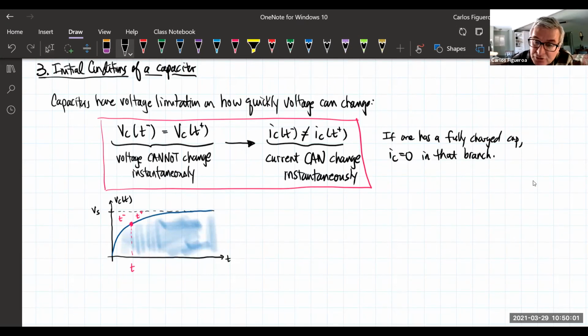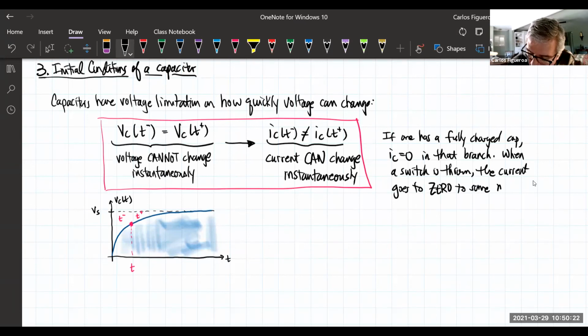So when a switch is thrown, the current goes from 0 to some non-zero value instantly. That's if you have a fully charged capacitor. And those are the things that we want to focus on.